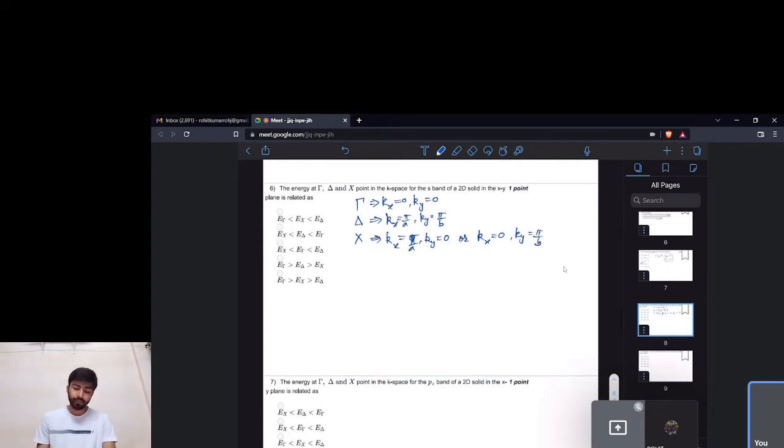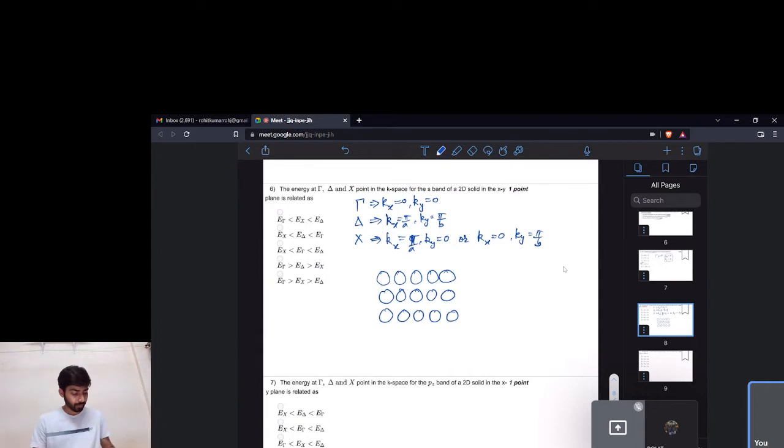Now if we take s orbitals in a two-dimensional solid, what we have is the following. These are the s orbitals arranged in the plane of the screen that you are seeing now. Now let's say for the case kx equal to 0 and ky equal to 0, we'll have bonding interaction.